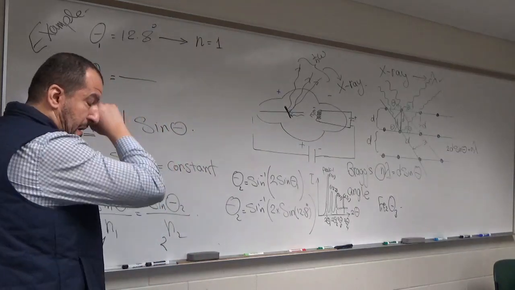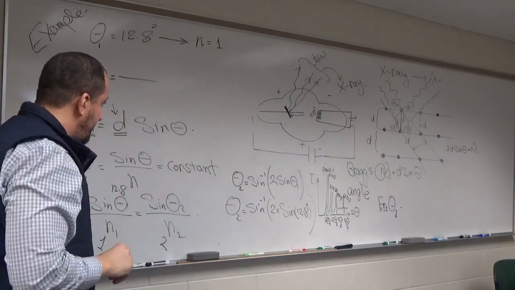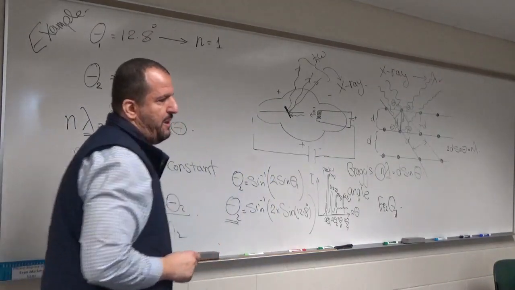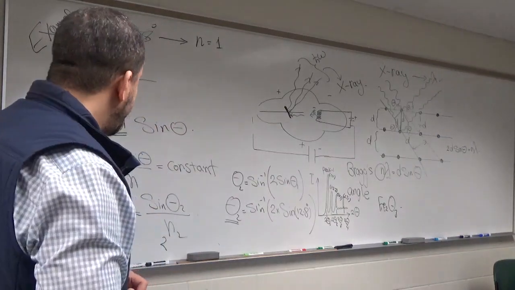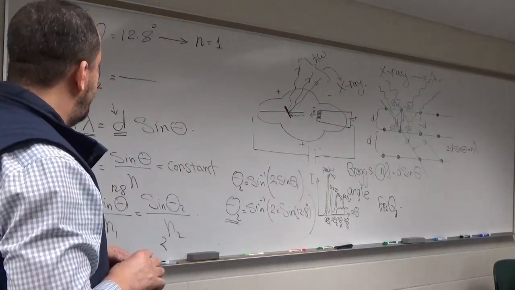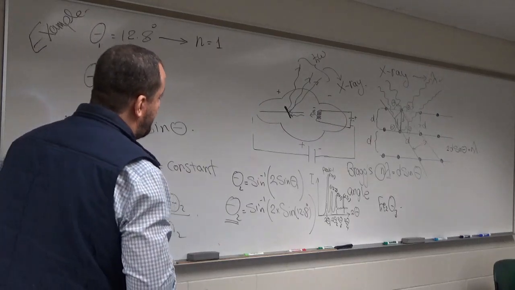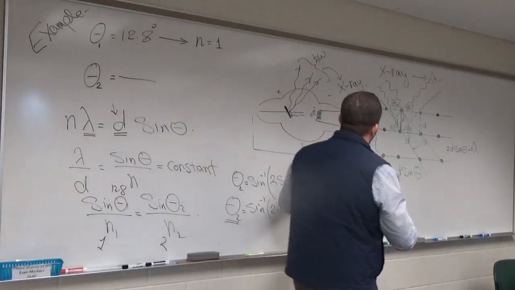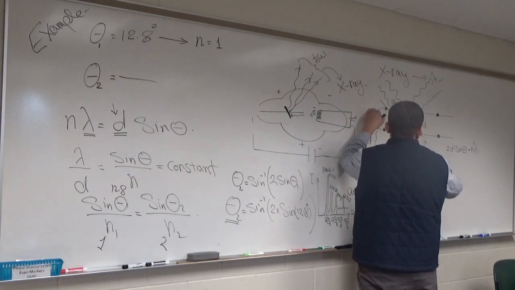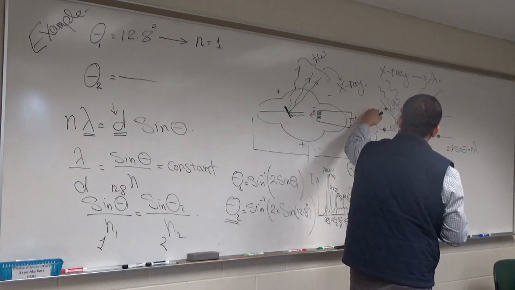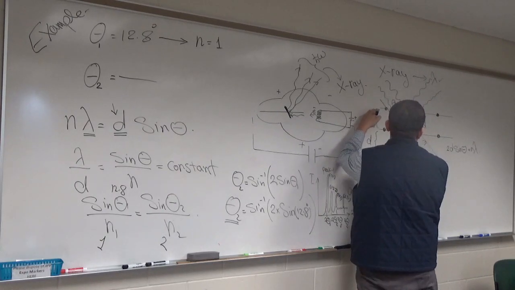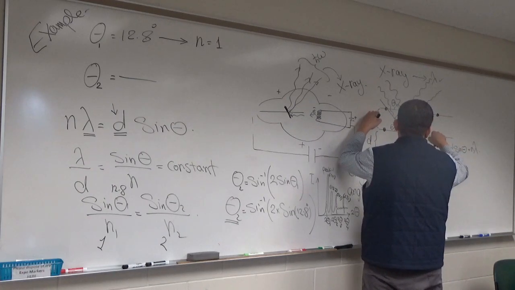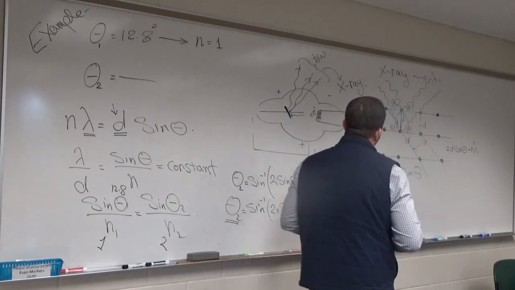That will give you theta 2, and the same thing can be applied, guys. But you need to consider here the same family of planes. Maybe this family, for example, has a different direction, but you will maintain the same d.